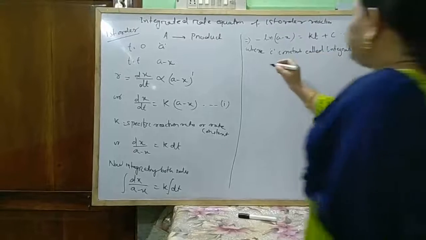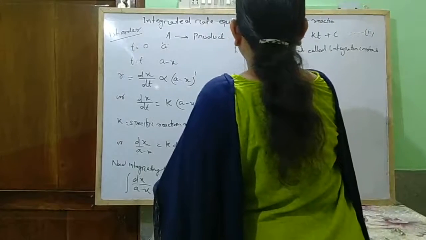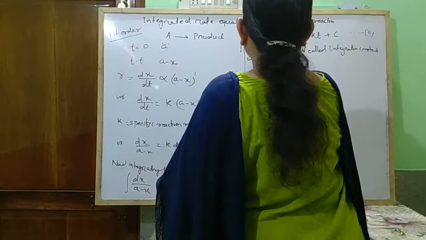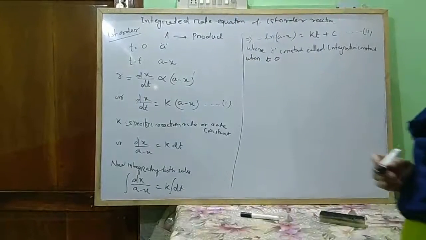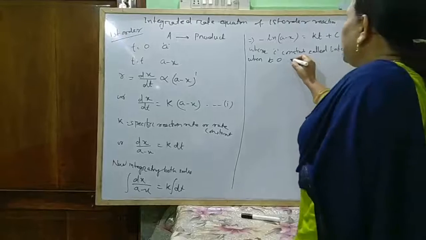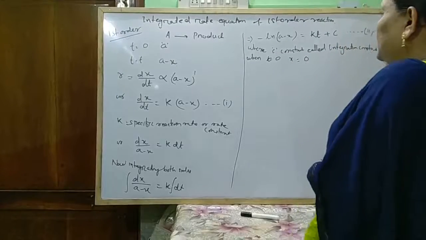When t equals 0, what is the value of x? x equals 0.